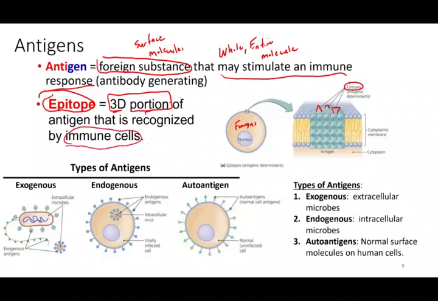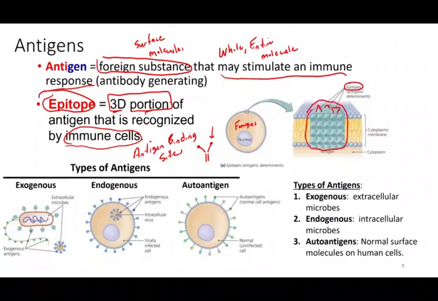So even though we've had, for example, antigen binding sites, in reality, I'll draw an antibody again. We said on the end of each arm, that is going to be an antigen binding site. It can't bind this entire thing all at once.